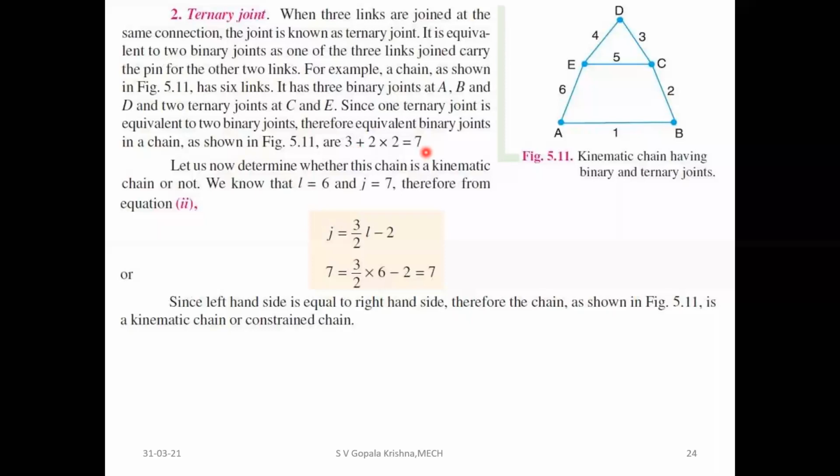So the total number of joints is 7. When we have ternary joints in a mechanism, we multiply them by 2, because all are first converted into a number of binary joints. So we can simply say that the number of joints is 7. Did you understand?